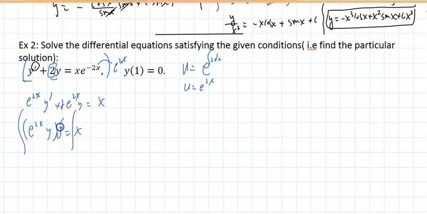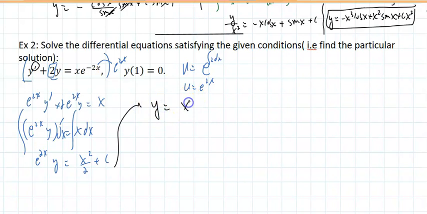Integrate with respect to x, and I will get e to the 2x y equal x squared over 2 plus c. So I could say that y equal x squared e to the negative 2x over 2 plus c e to the negative 2x.